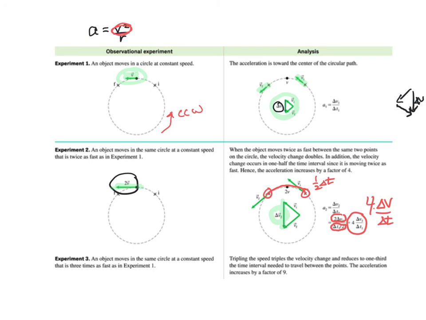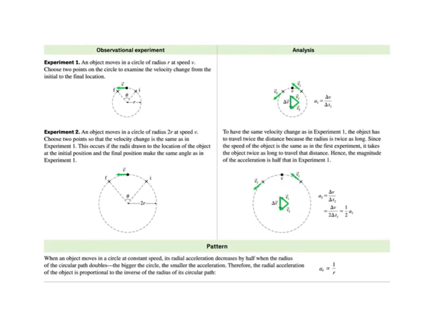How about radius in the denominator? Let's go to another slide here. So this is also from your e-text, and this is explaining why radius is inversely related to acceleration. I'm going to write that relationship up here again. Acceleration is v squared over r. So we're talking about the radius on this slide.